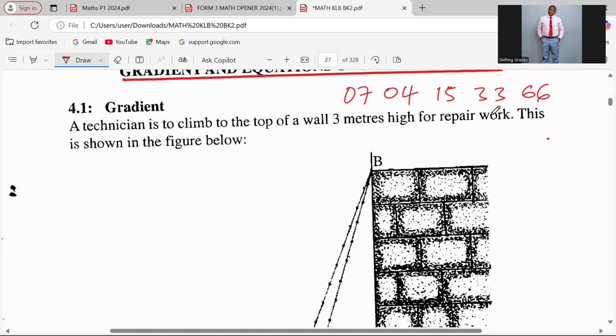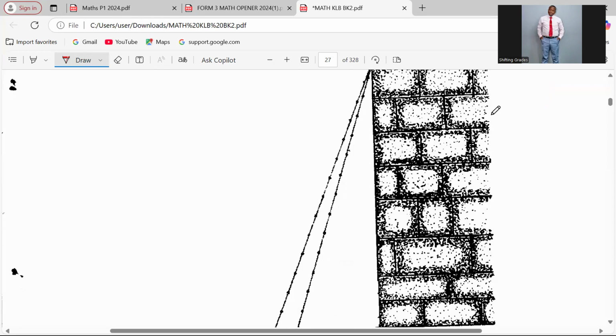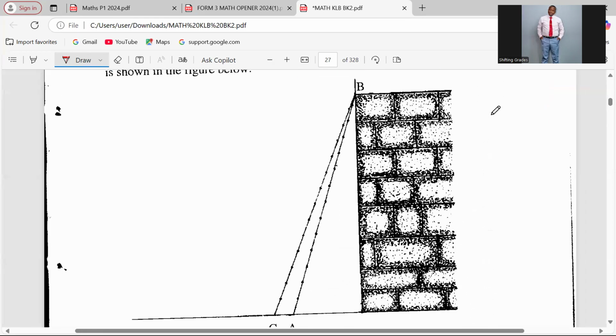Gradient. Let's begin by having an introduction to what gradient is. A technician is to climb to the top of a 3-meter wall to repair. This is shown in the figure below. Now we have a wall here, which is 3 meters. Then we have 2 ladders.